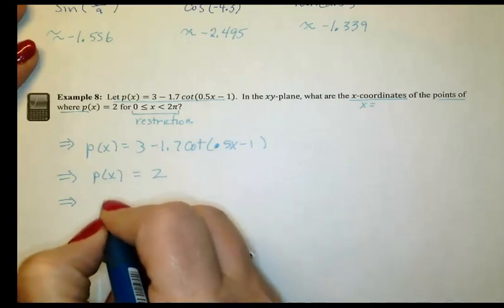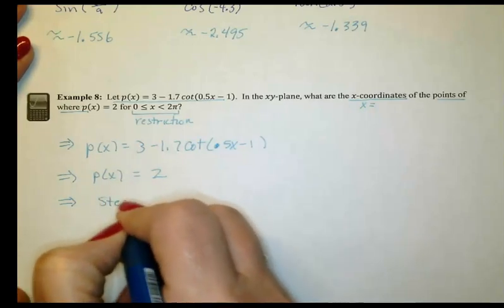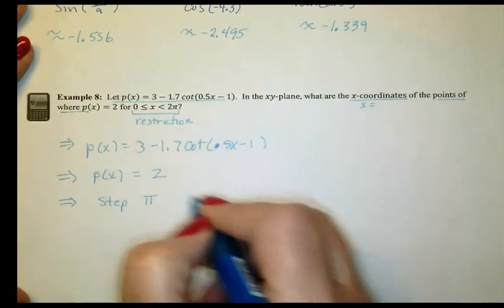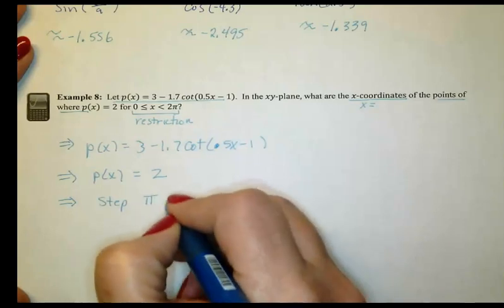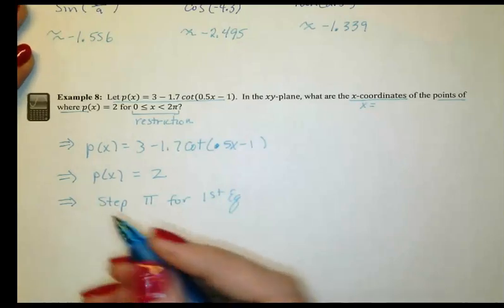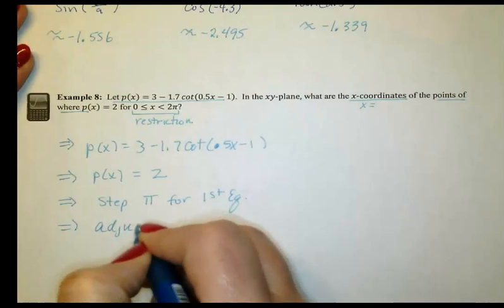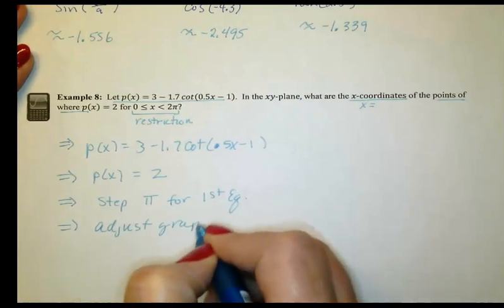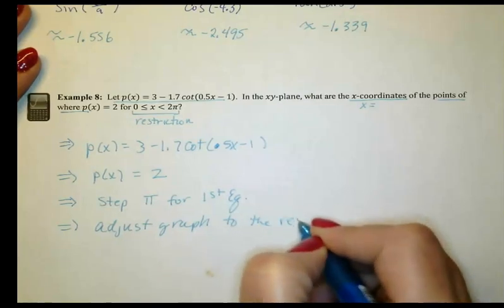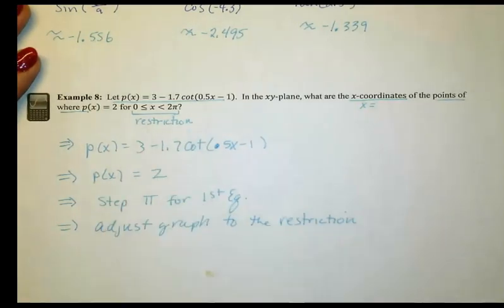If you go to the little wrench icon, you can set your step to be pi, and we're talking about the first equation. And then once we have that in, we can adjust our graph to the restriction.